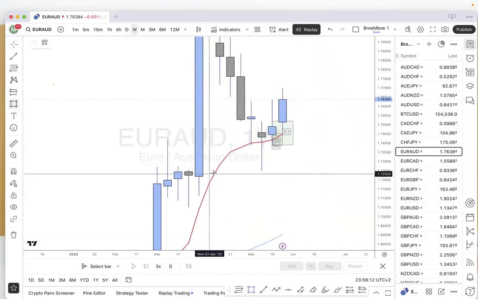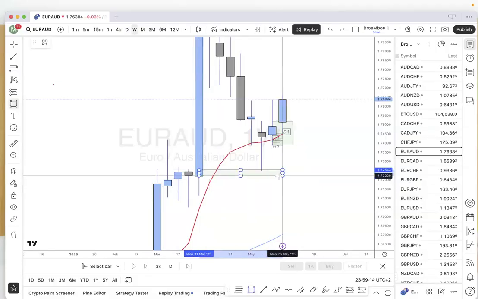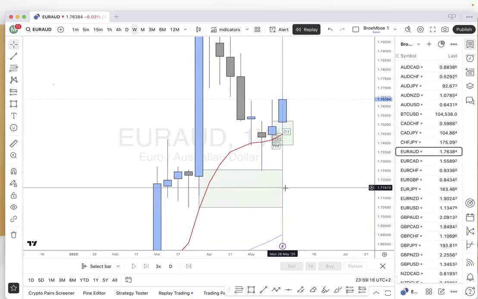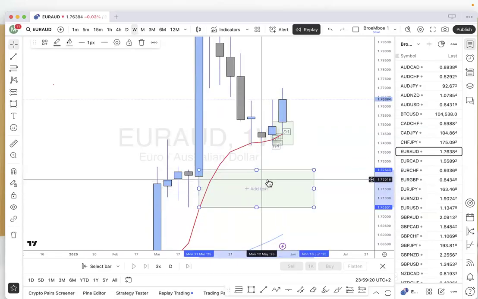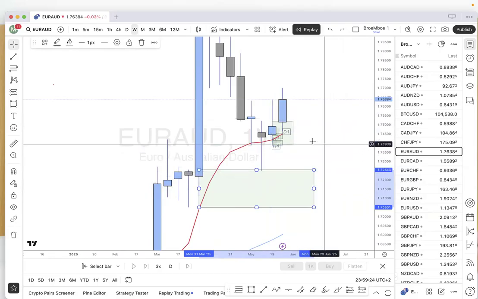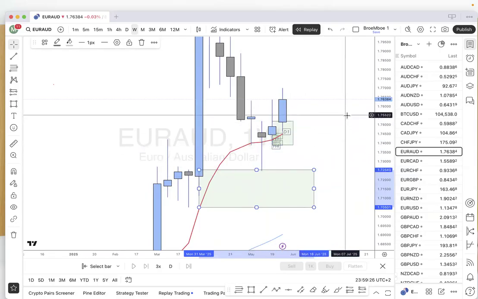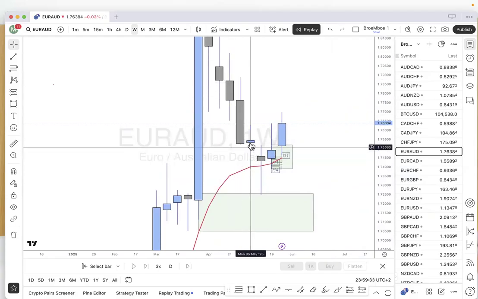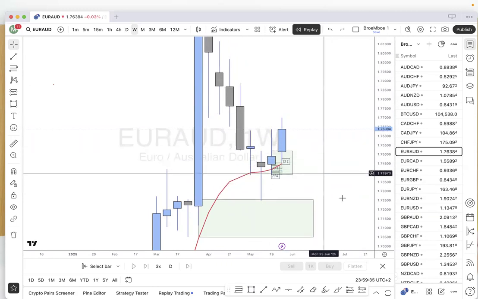And I've long been waiting for it to come to this area. And it did come there, tapped this area, and then started going up. This was a very good setup and also a good pickup of the evening star CRT model there. That's a good pickup right there.